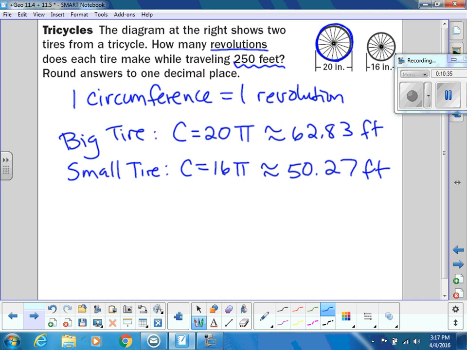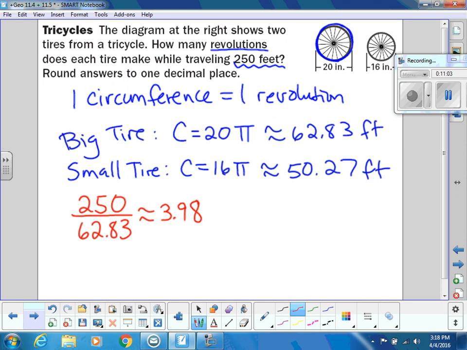So if they want to know how many revolutions they make when it's going 250, what are we going to do? Well, we're going to take 250 and divide it by the circumference. So we're going to do 250 divided by 62.83. That's giving me 3.98.